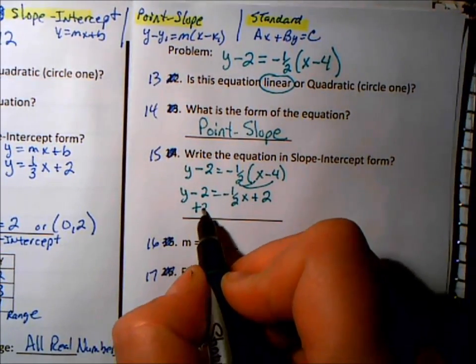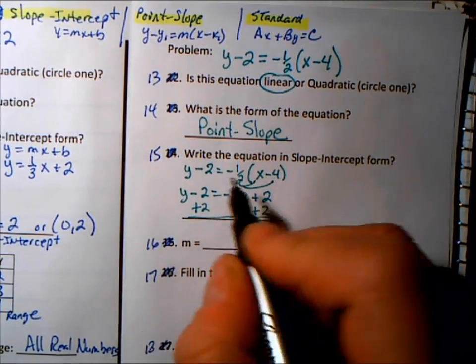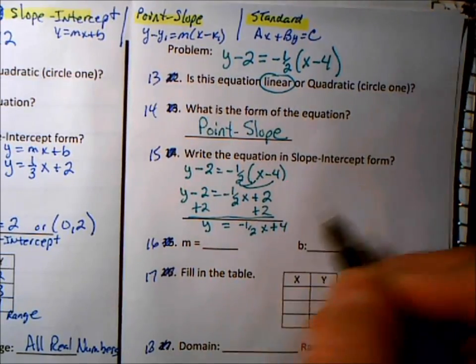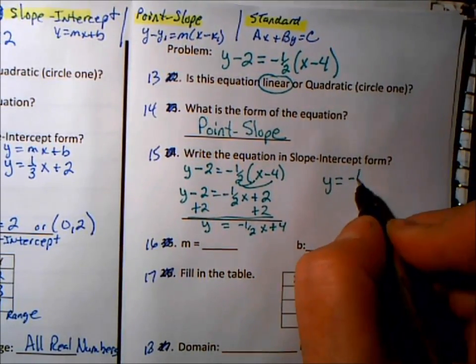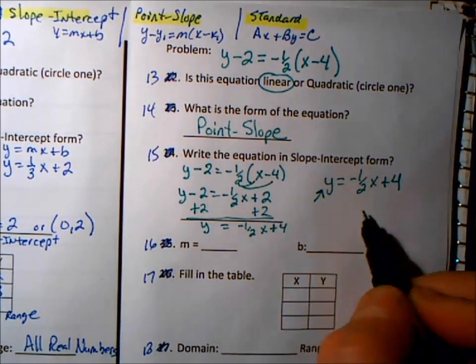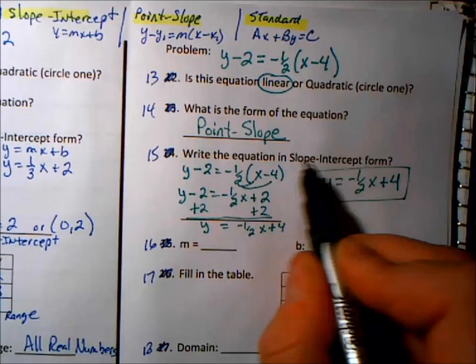I have to add 2. That gives me y equals negative 1/2 x plus 4. Let me write it over here on the side. Here I have y by itself, so this is my slope intercept form.